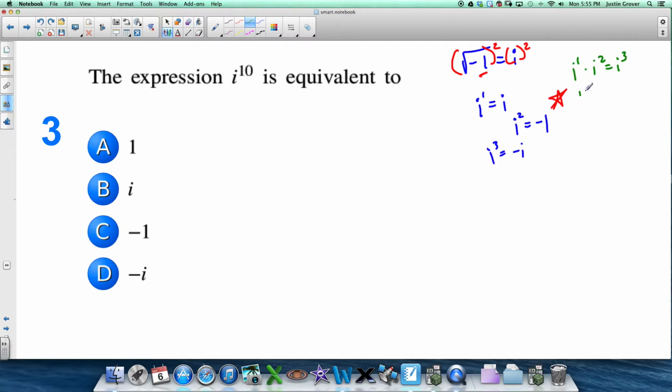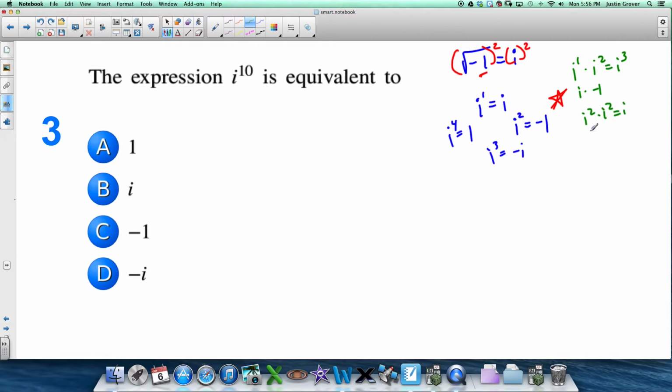And i to the first is i, and i to the second is negative 1, and negative 1 times i is negative i. And the fourth one, and I'll explain why there's only 4 in a minute, the fourth one is positive 1, because that can be thought of as i squared times i squared is i to the fourth.